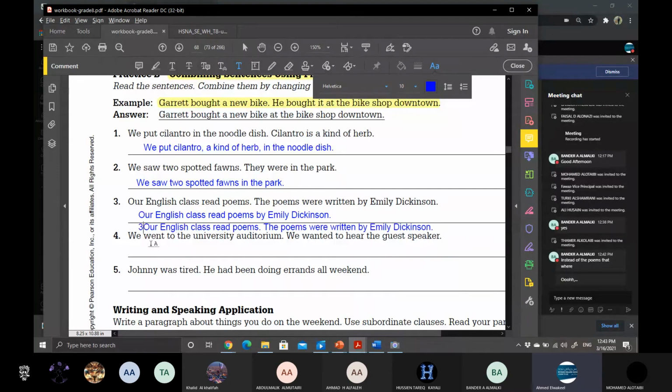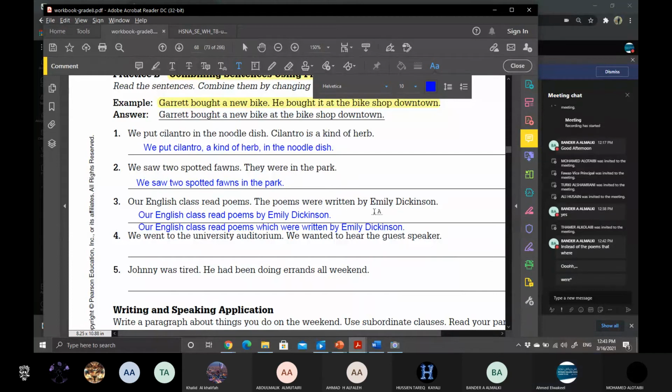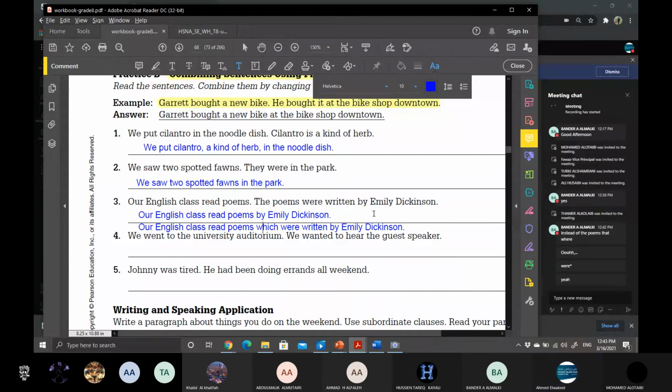So Khalid, the idea is just to say our English class read poems which were written by Emily Dickinson. Right, Khalid? That's your idea. Okay, that's great, Khalid.